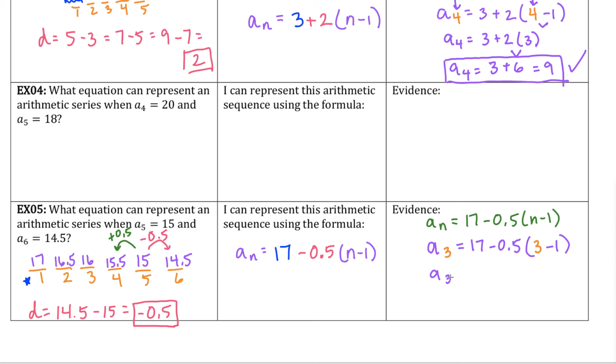So a sub 3 equals 17 minus 0.5 times 2. This is multiplication, so minus 1. A sub 3 equals 16. And let's check. The third term was 16. Cool. Let's look at the next page.